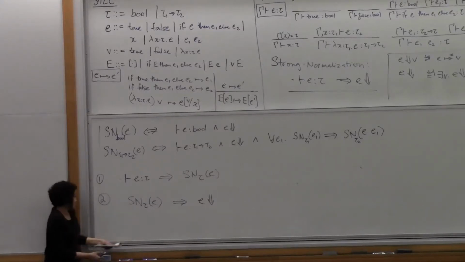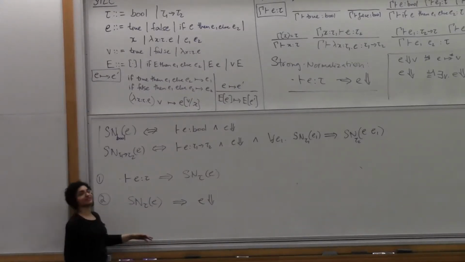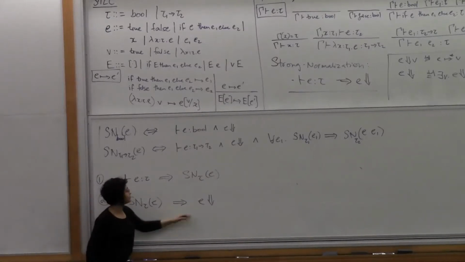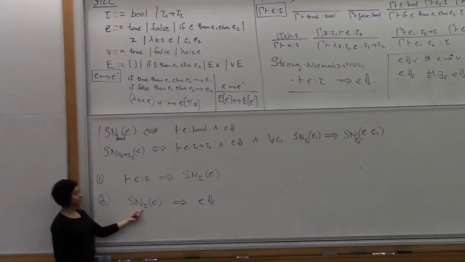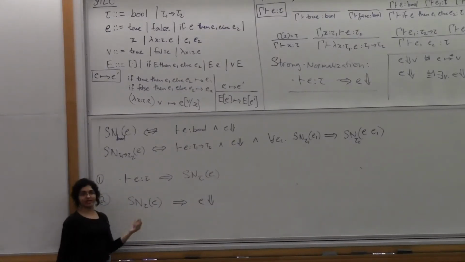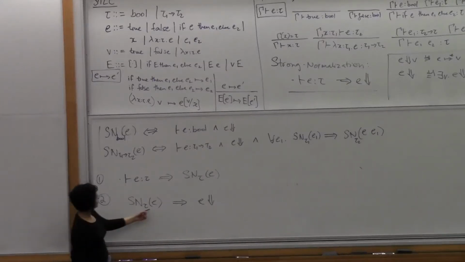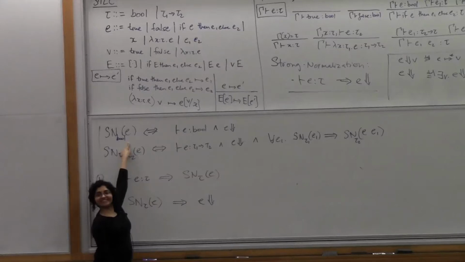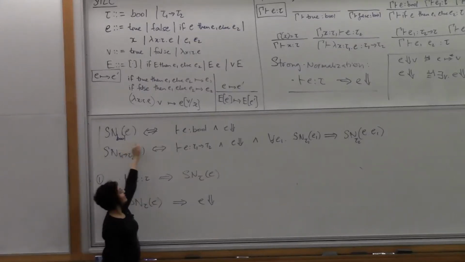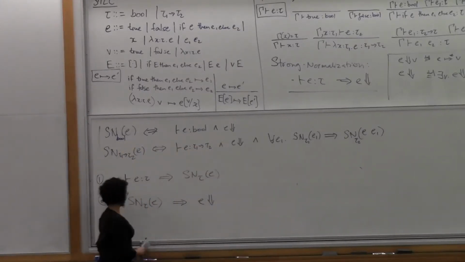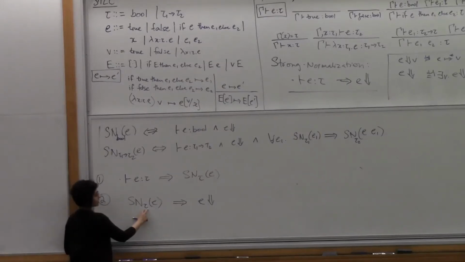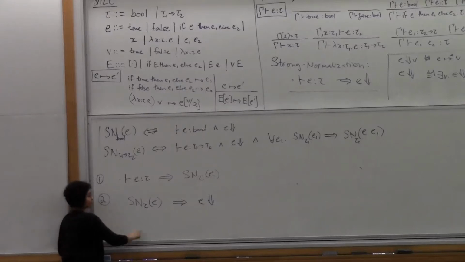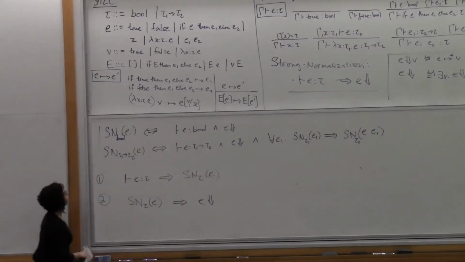How would we prove 2, just to convince ourselves completely? Well, let's prove it by induction on tau. We have two cases. We have a case for Booleans. We have to show that E terminates. Oh, the definition tells us that it does. So we're good, right? There it is. Now we have to consider the case where tau is a function type, tau1 to tau2. We have to show that the expression terminates.